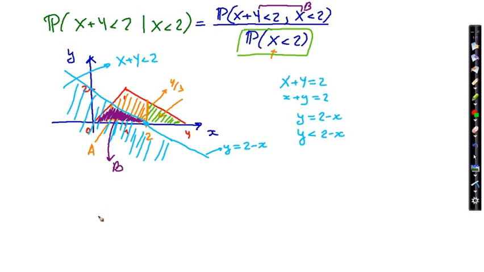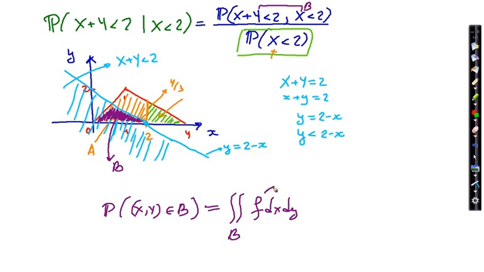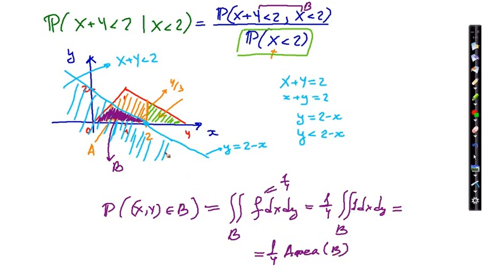So this is our, say, set B, and this intersection is our B. Now we are asked to calculate the probability that our point xy is in that B. This is again the double integral of f dx dy, and because f is constant, 1/4, I will have 1/4 times the integral of 1 dx dy over B, and the integral of 1 over B gives the area of B. So this will be 1/4 times the area of B, and it remains to calculate this area.